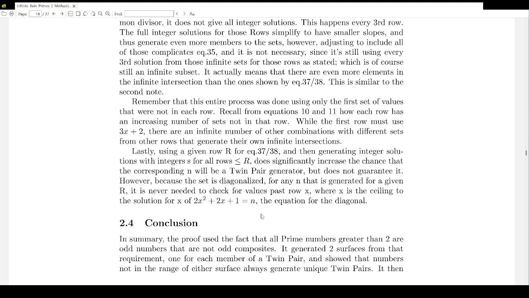So you don't have to check the whole chart. Again, this has to do with the limit of row R that you're on and how that affects that generator. So yeah, using that generator to generate all the data for any row less than or equal to R significantly increases the chance that you'll have the number that would generate a twin prime.